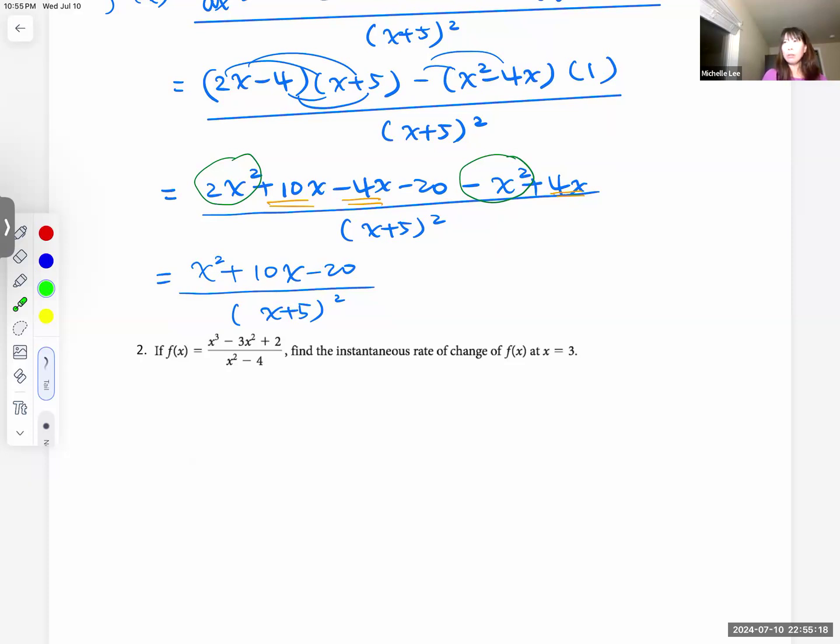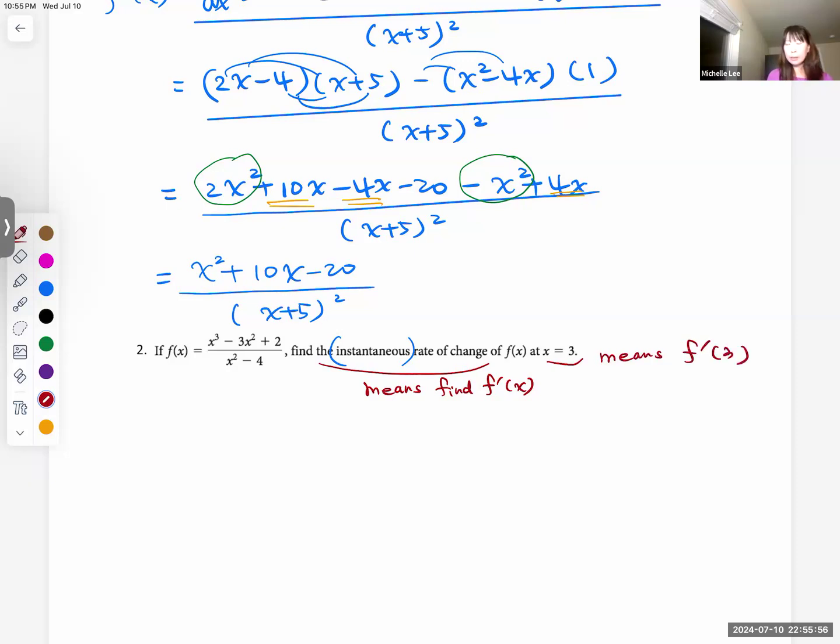All right, now we want to find the instantaneous rate of change. Sometimes they don't say instantaneous, just rate of change. And then we want to know about when x equals 3, right? That means we want to find the derivative, and this means f prime of 3.